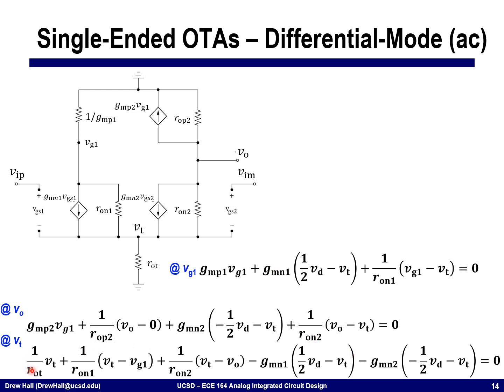And then at the tail node, I have current that's flowing through ROT, current that's flowing back up through RON1, RON2, and then negative current that's flowing into GMN1 and GMN2. Notice that here we're analyzing the differential mode, and so I've applied half of the differential mode signal to this side, VIP, and minus 1/2 of the differential mode signal, VD, to the minus side, VIM here.